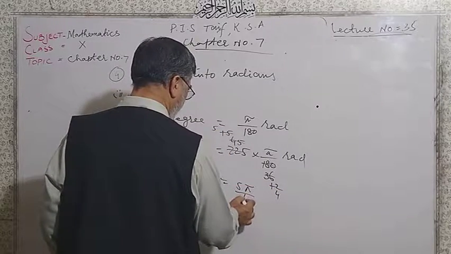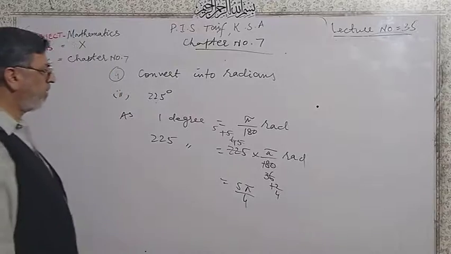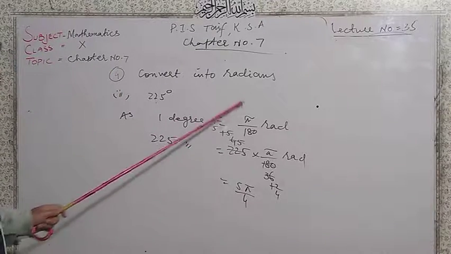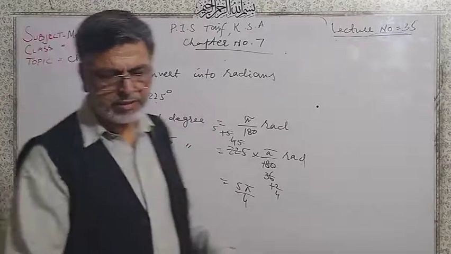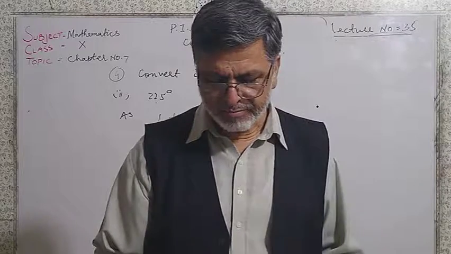So we have 5 pi by 4, that is your 225 degrees converted into radians.